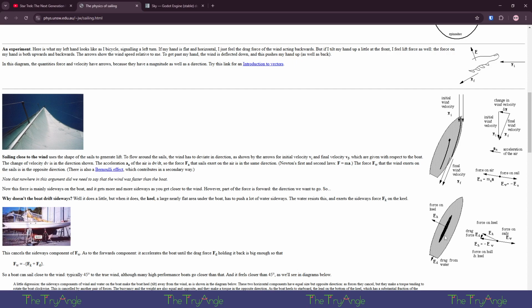Oh man. Why doesn't the boat drift sideways? It does a little, but when it does, the keel has to push a lot of water sideways. Okay, yeah. So final wind velocity.